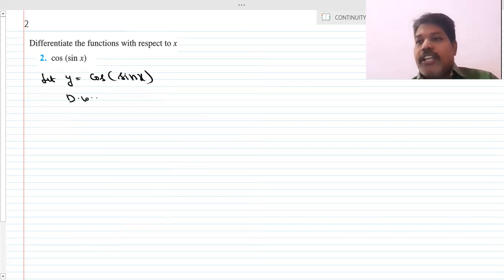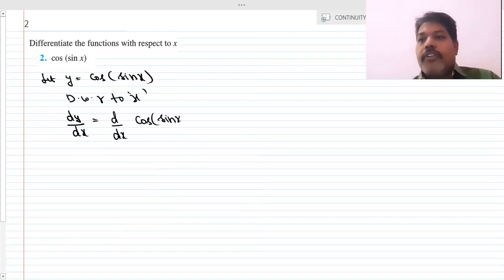Differentiate with respect to x. What you can write is dy by dx is equal to the derivative of cos of sin x. So what is that one, students?